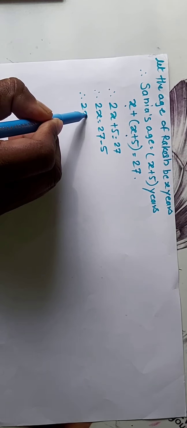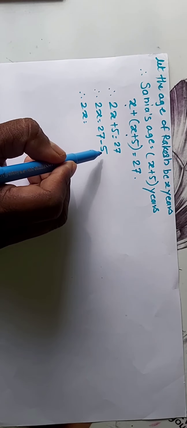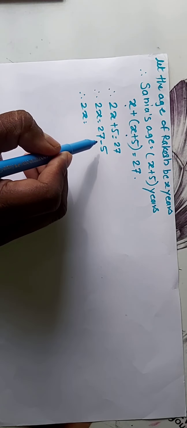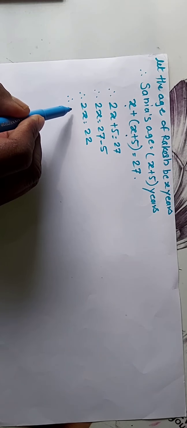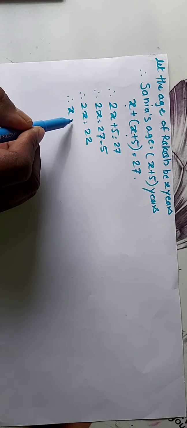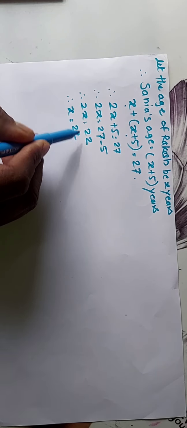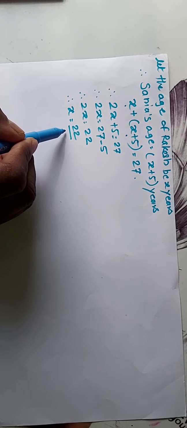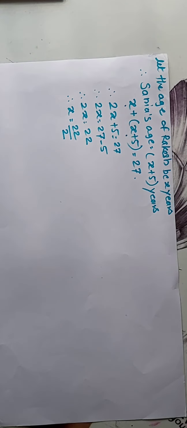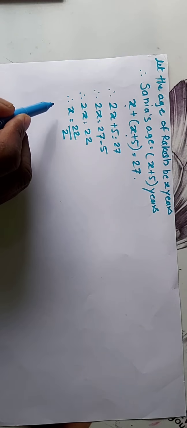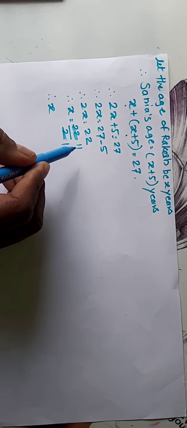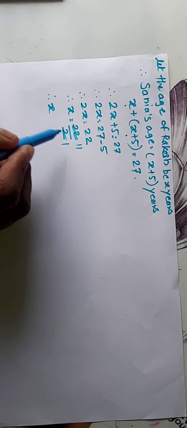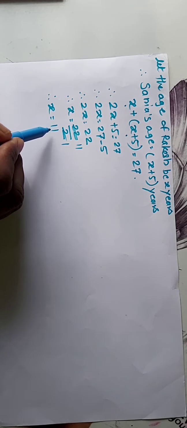Therefore 2x is equal to 27 minus 5, that is 22. Now 2 is multiplied with x, so when transposing it should be divided: x is equal to 22 divided by 2. Therefore x is equal to 11.